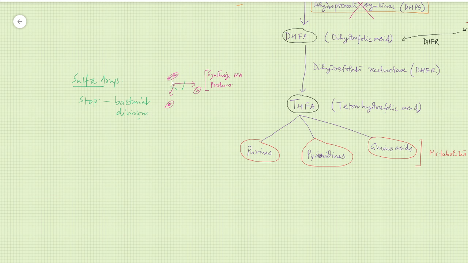They don't kill the bacteria, but they inhibit the ability of the bacteria to undergo bacterial fission, bacterial division. So technically we say that sulfa drugs are bacteriostatic.